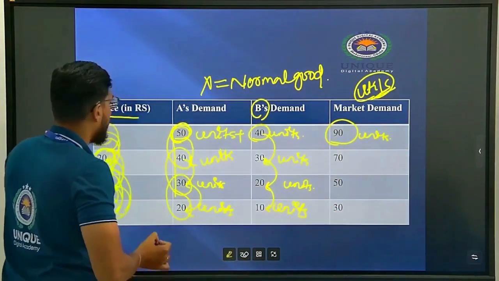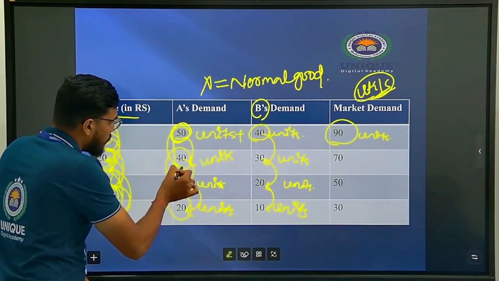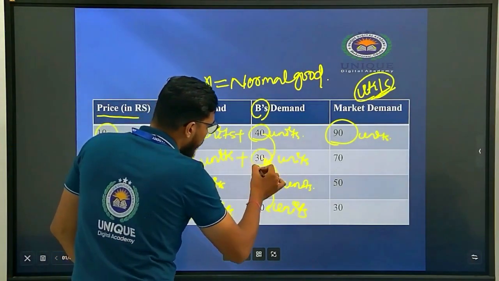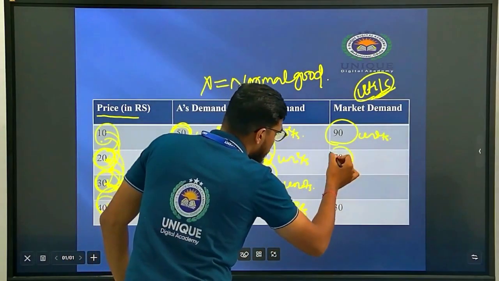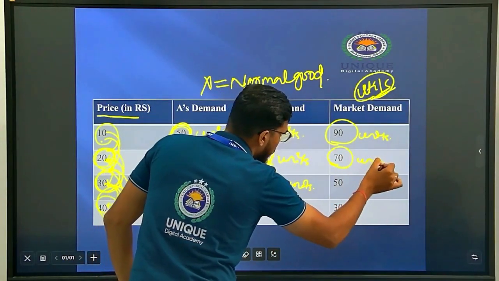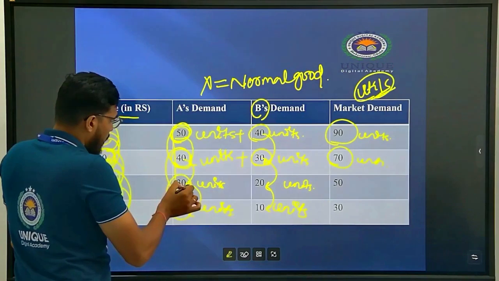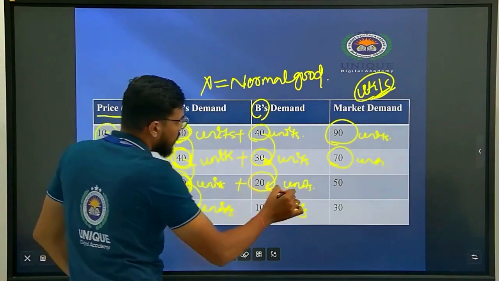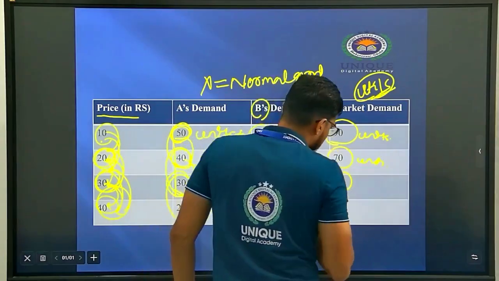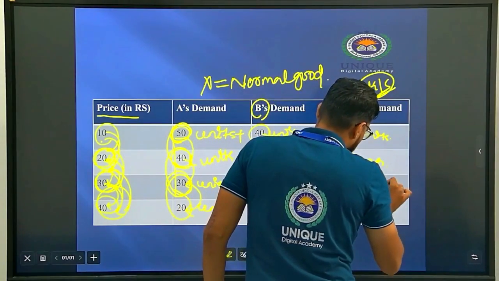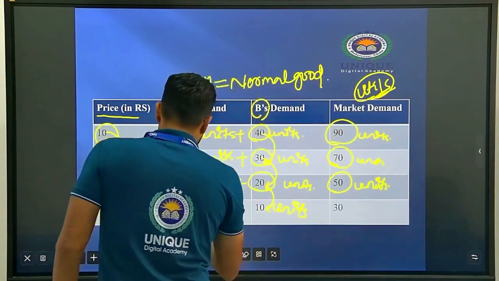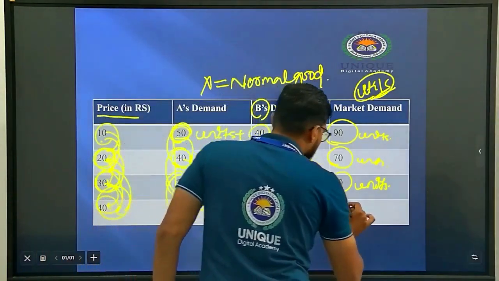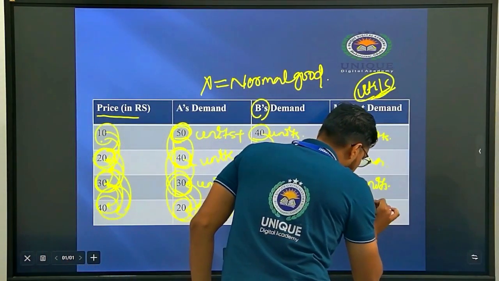Again 40 units plus 30 units, demand 70 units. Again 30 units plus 20 units, demand 50 units. Again 20 units plus 10 units, demand 30 units.